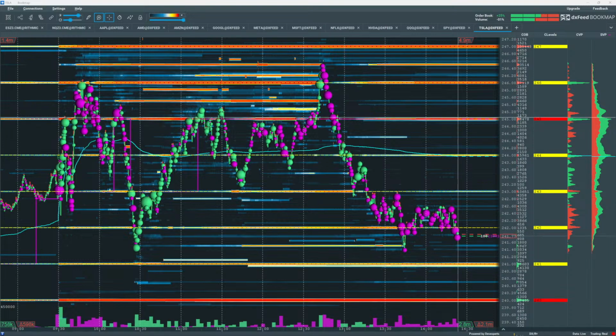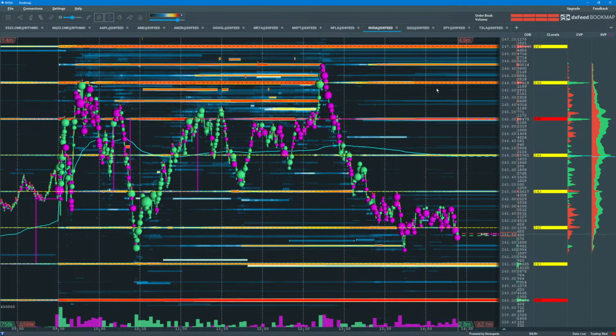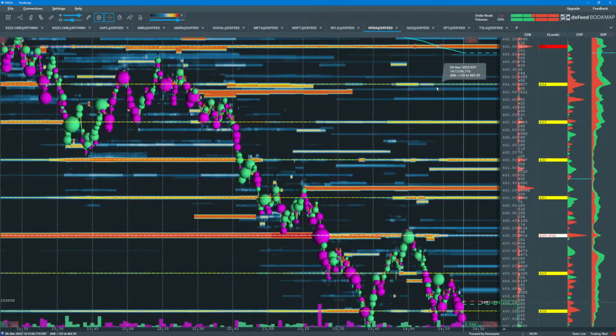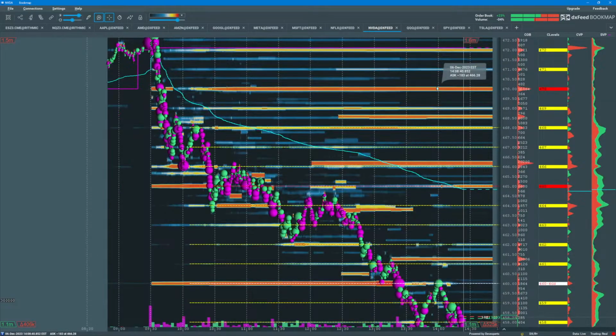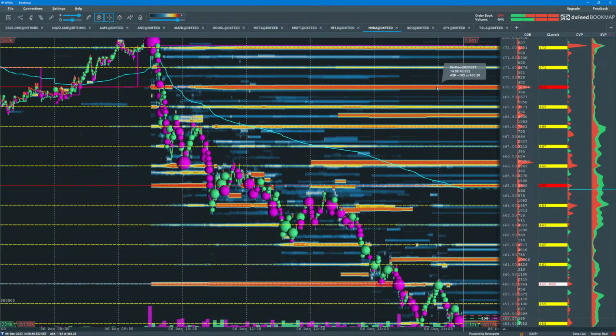All right, let's take a look at NVIDIA, then we'll get to AMD. So NVIDIA, just kind of the opposite of yesterday. NVIDIA was rallying yesterday, and just the opposite today.